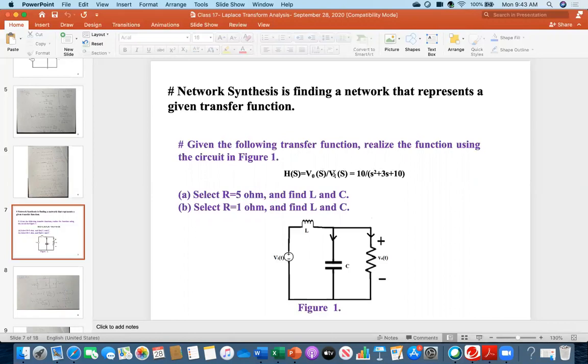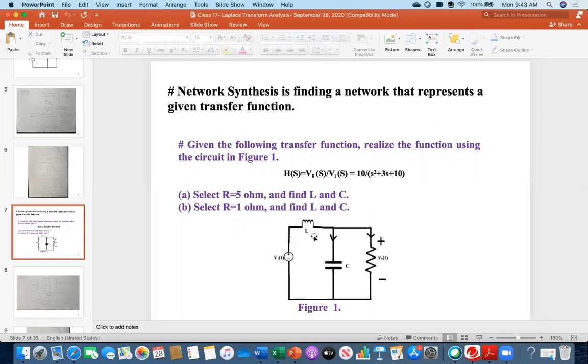So for example, given the following transfer function, realize the function using the circuit in figure 1. So look, this is a transfer function, which is V naught over V i for this circuit. This is V naught, this is V i, although these are in time domain. And in the circuit, there is L, there is C, there is resistance. So those values were not given.